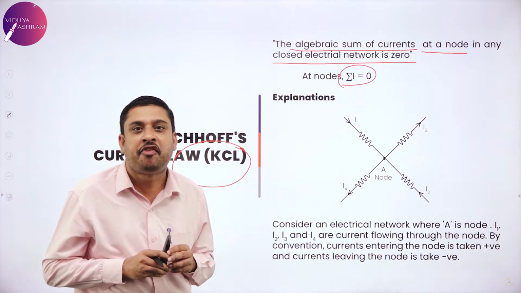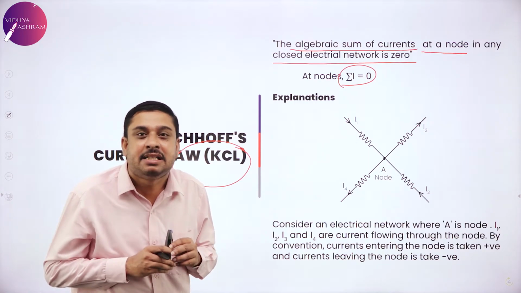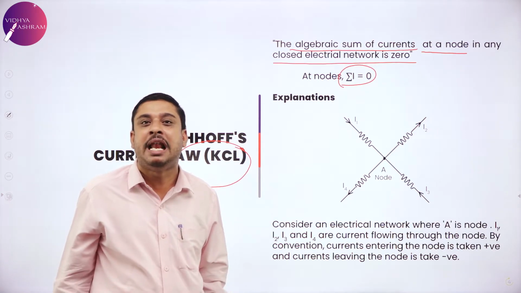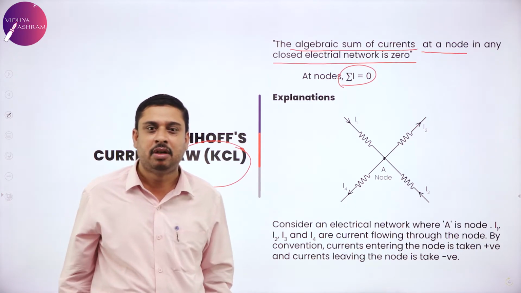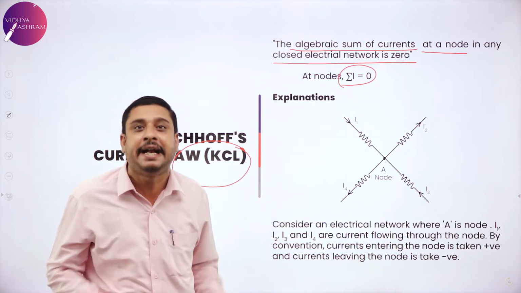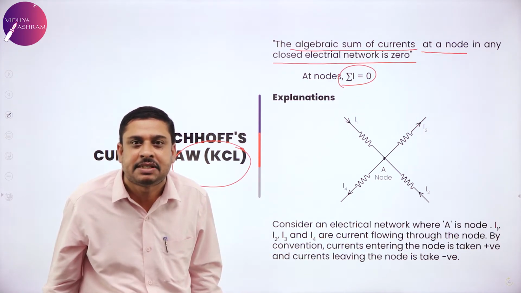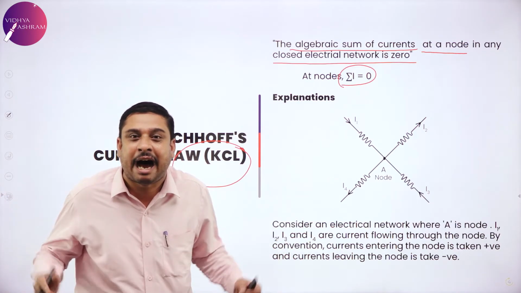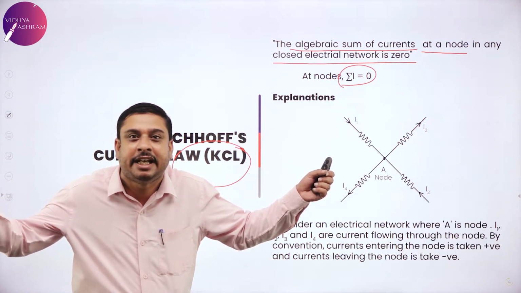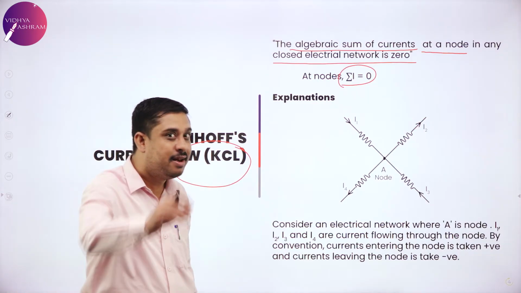When I speak of algebraic sum, it is simply considering the positive sum as well as the negative sum. Now, what is this algebraic sum of currents? When do I treat current as positive? When do I treat current as negative? I will explain this now. Listen carefully.